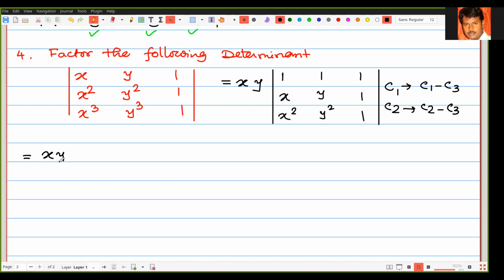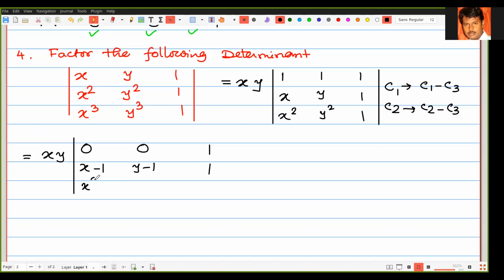So x into y and 0, 0, 1, the column 1. So 1 minus 1, 0. That is x minus 1, becoming column 1 minus column 3. So x minus 1, and that one y minus 1, that one is 1. And that is C2 minus C3.